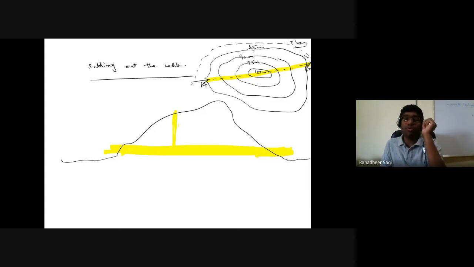Now, if I need to make those shafts, what is the purpose of preparing the shaft? It's not just starting from one point and coming from the other point and converging.